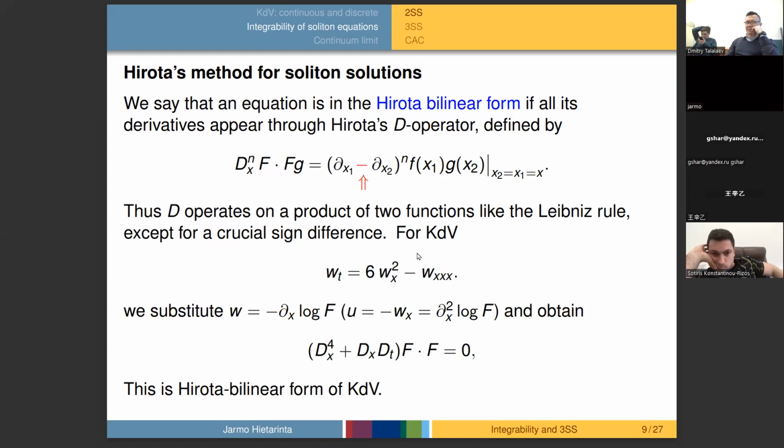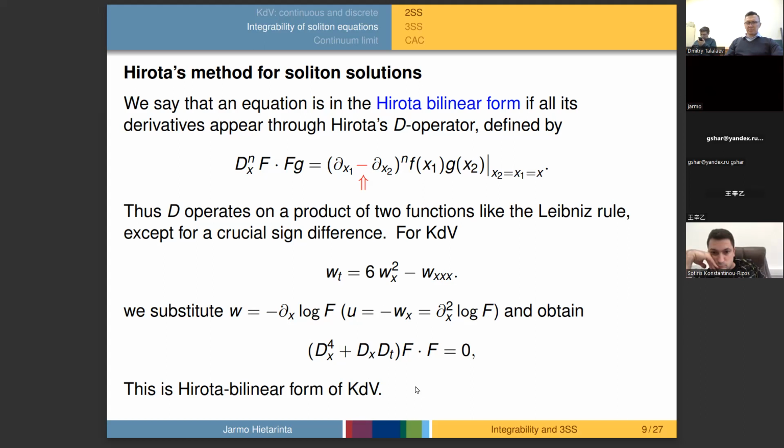So now consider the KdV equation in potential form like this. Let's define W as minus dx log f, or if we go to the original KdV equation, we define U to be dx squared of log f. And if we use this, then it turns out that the equation in terms of this capital F can be written in a Hirota bilinear form like that.